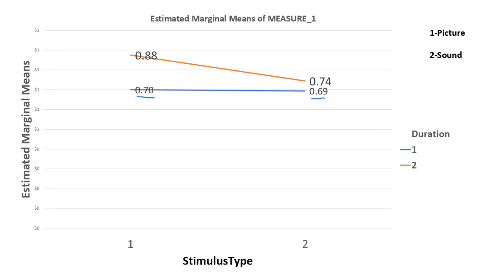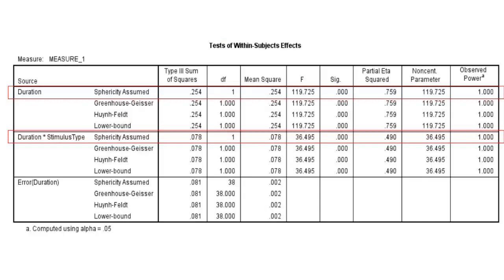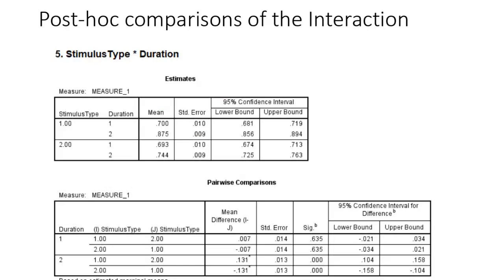Now, if you look at the mean difference here, which are post hoc comparisons, you'll see the mean difference is 0.0707, whereas here it is 0.131. And so in the 4-second duration, you have a larger difference in accuracy between pictures and sounds.